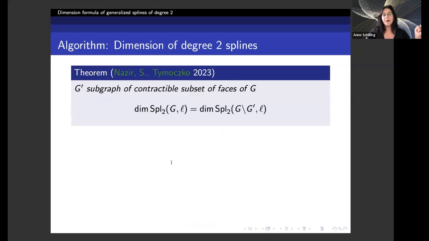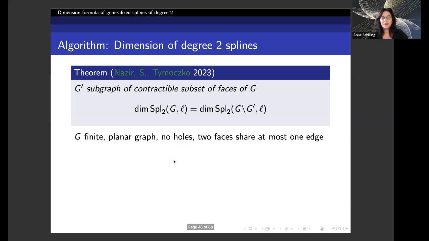And it turns out that if you have such a contractible subset of faces, and we contract those, meaning I really just view them as one vertex, then the dimension of the splines of the original graph is the same as the dimension of the splines of the graph where I contract these faces. Okay, so the dimension doesn't change. So the way that we are now going to determine the dimension of the splines is by some algorithm where we successively contract these faces.